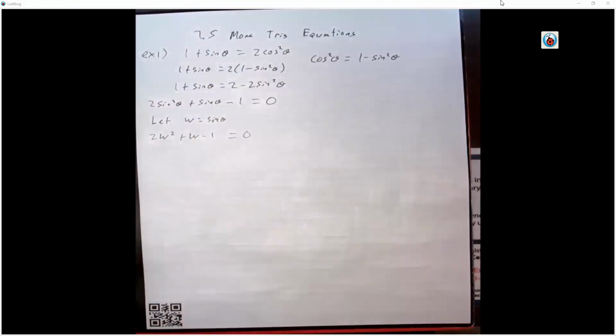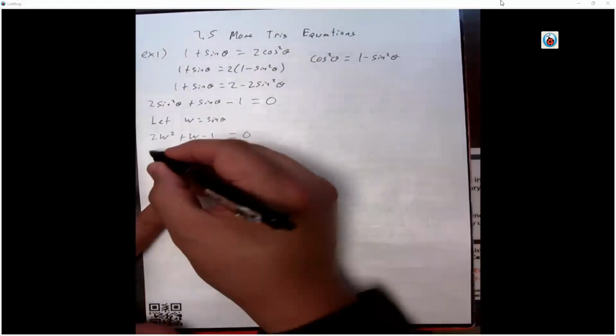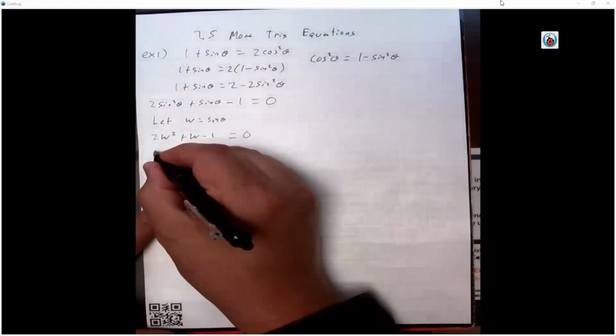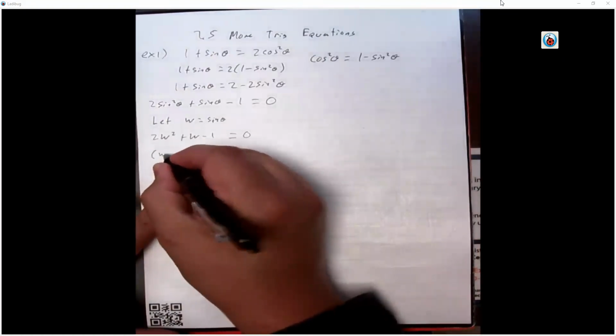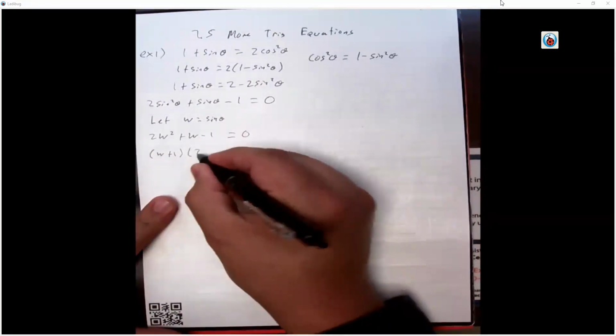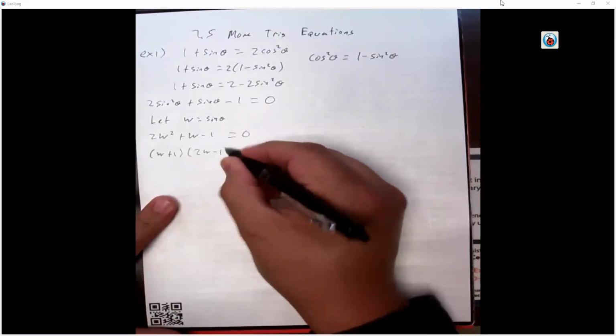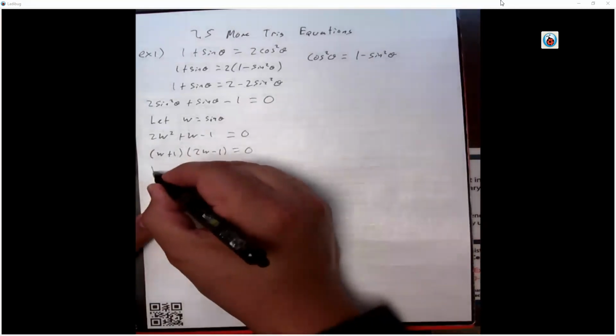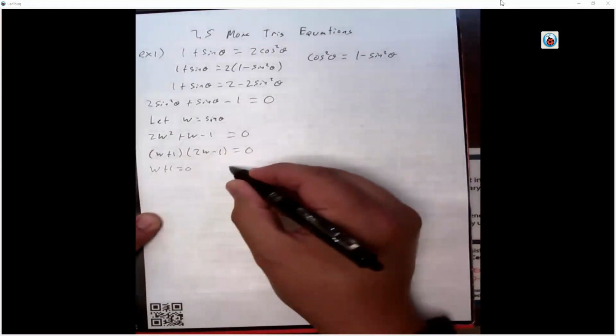All right, so I'll skip the factoring step. Substitute W, then you will get W plus 1 times 2W minus 1. You can do brute force, trial and error, slide and divide, square method, whatever you want. Once you factor, you can set each part to 0.